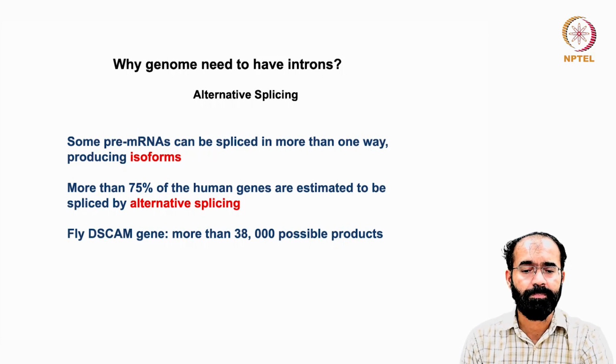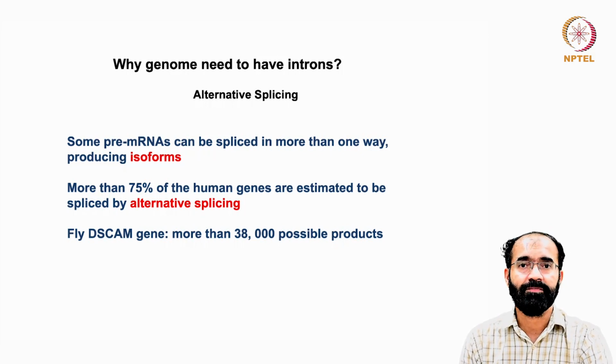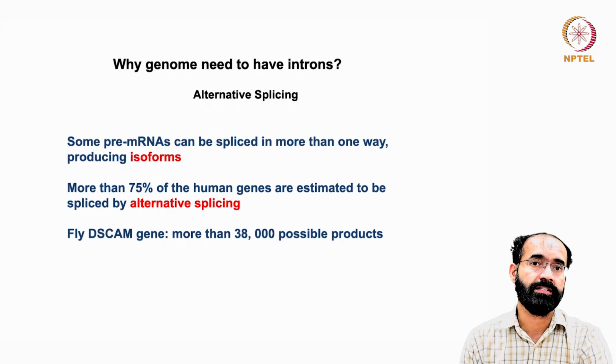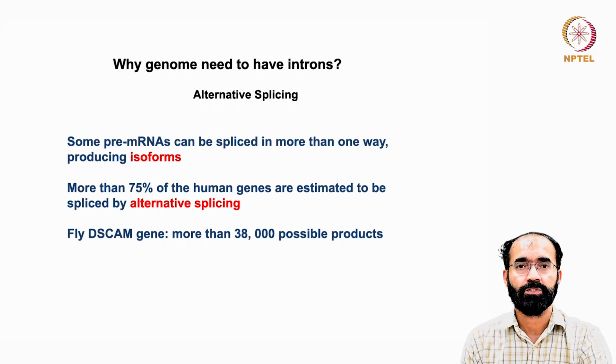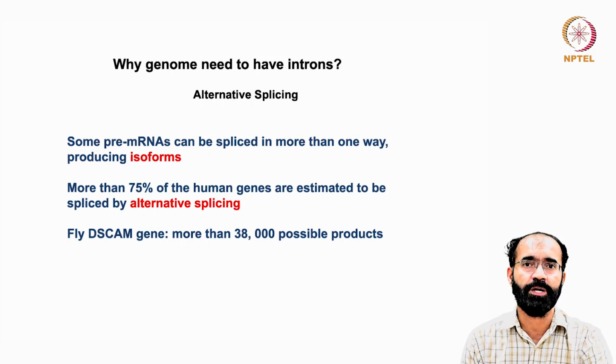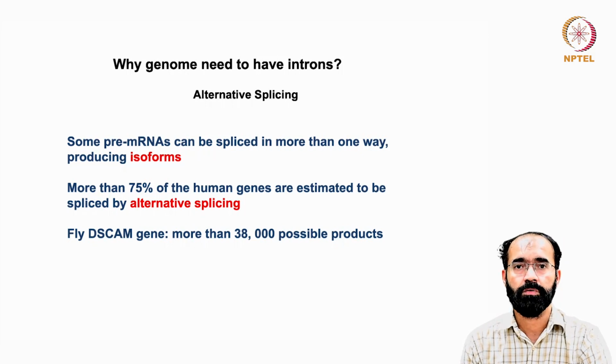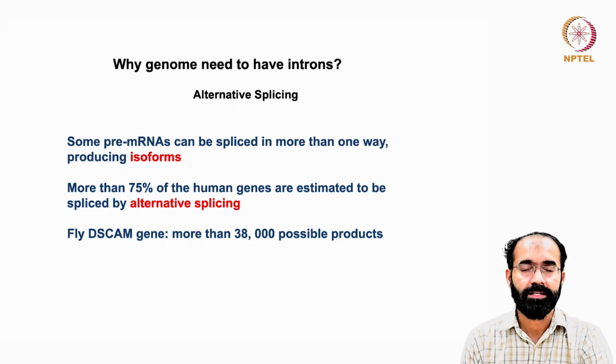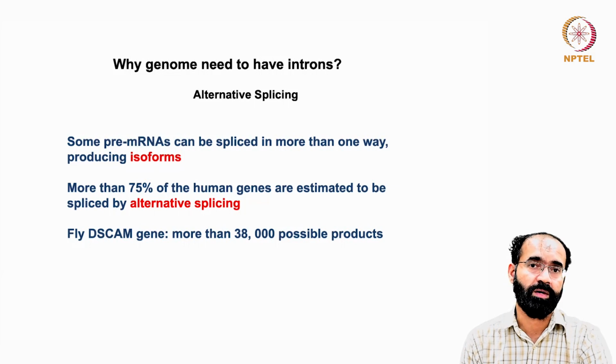More than 75% of human genes are estimated to be spliced by alternative splicing. I already told you that we have only 23,000 coding genes in our genome, which is far less than the required number of genes for a complex organism such as human. So it is believed we should have around 1 lakh genes. It's a ballpark figure, a crude number, but 23,000 is nowhere close to 1 lakh.